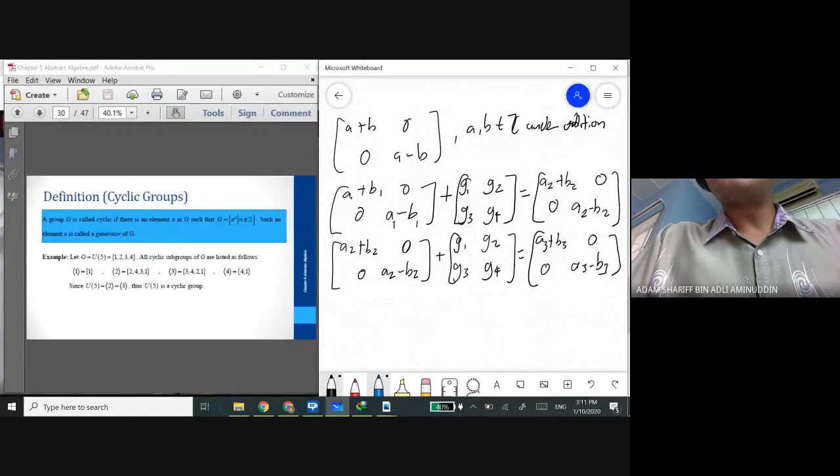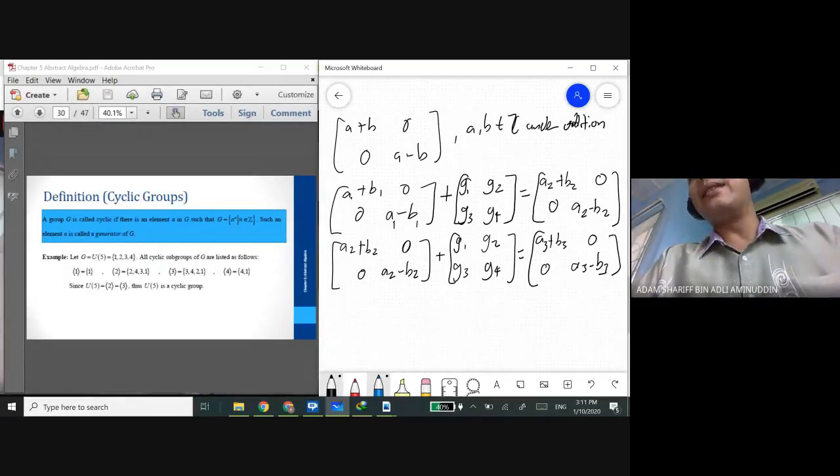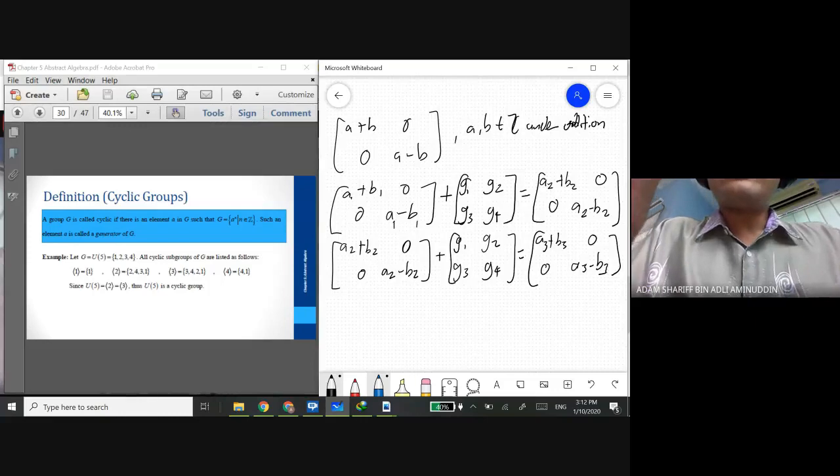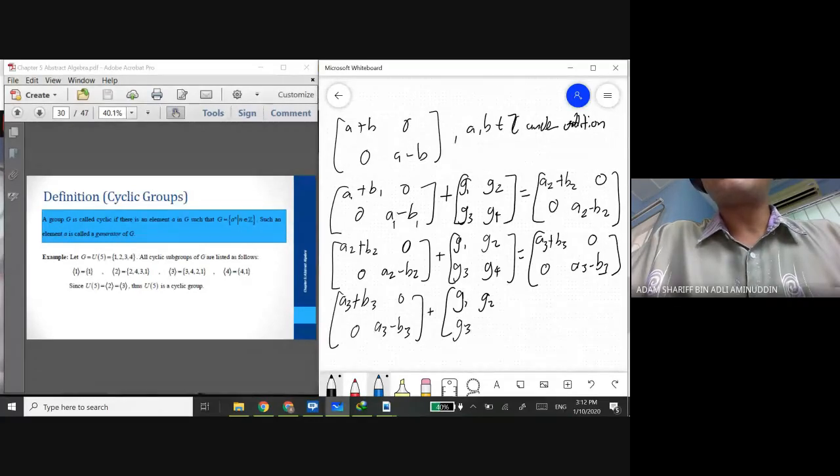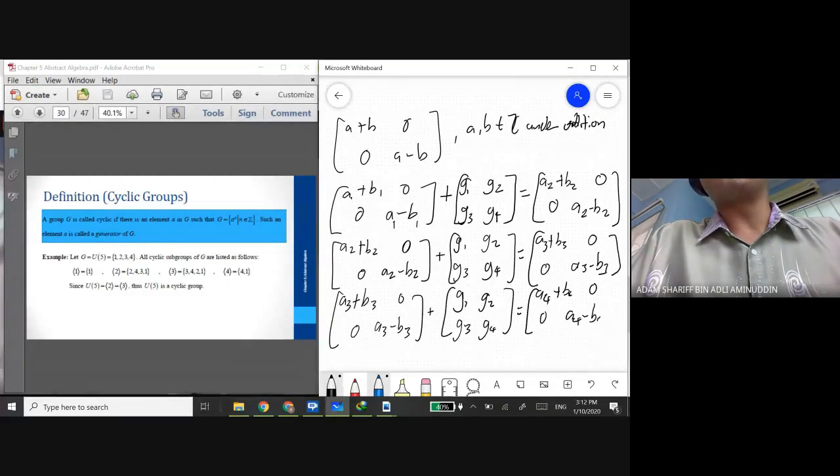This is the first cycle. I generate one more, I add up with some generator, the same generator again, it will produce another element A4 plus B4, 0, A4 minus B4.